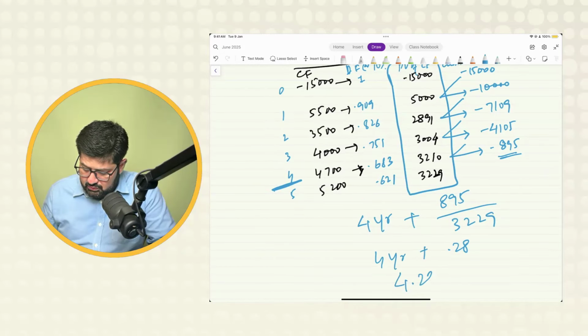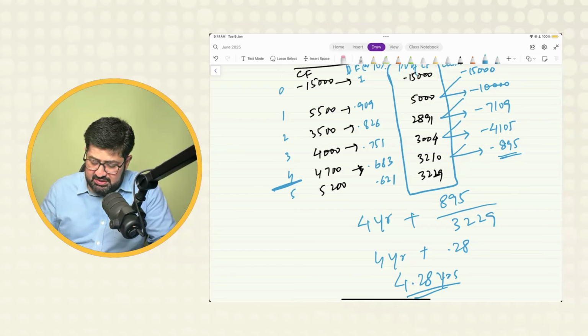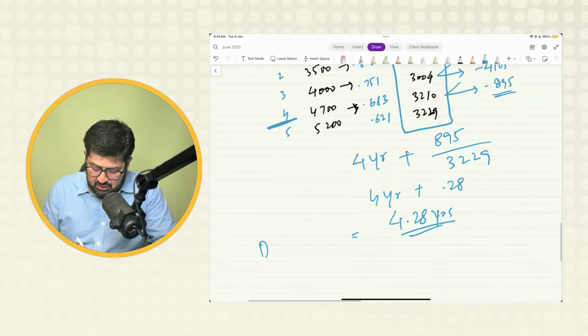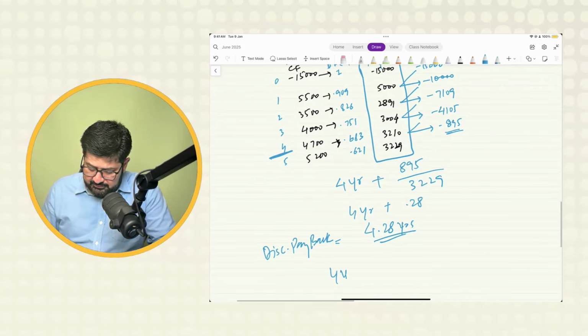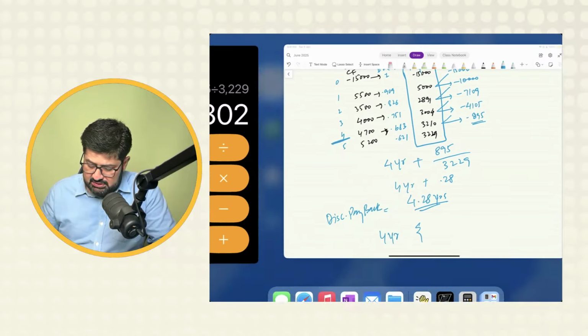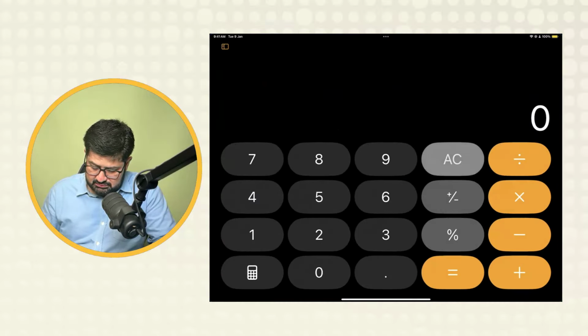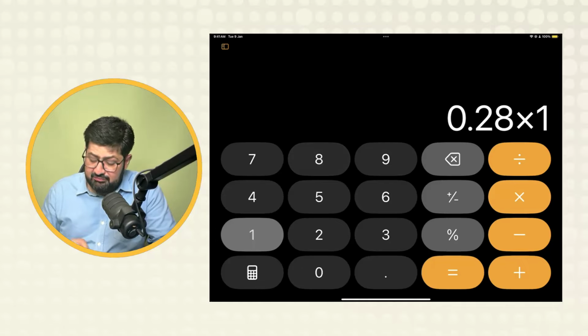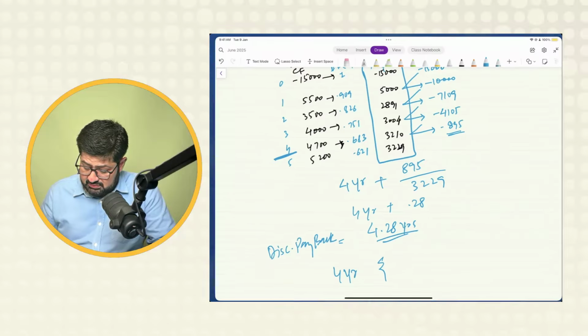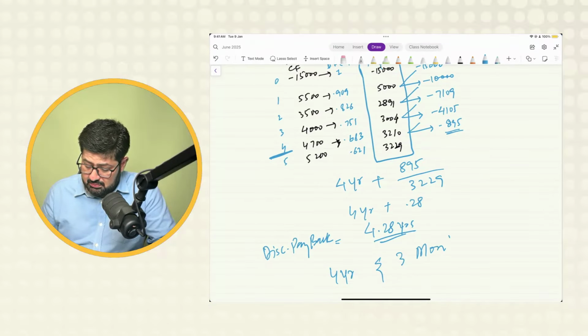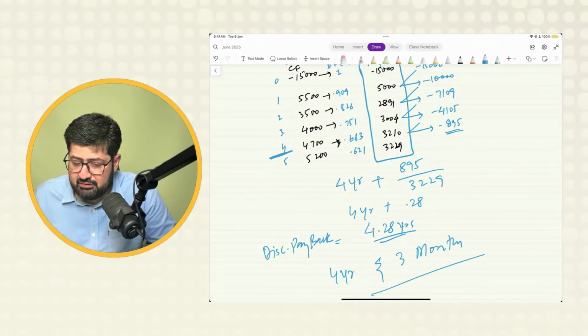So 4.28 years is the discounted payback of the project. So how many years? 4 years. And 0.28 into 12 months in a year, 3 months. That is the discounted payback.